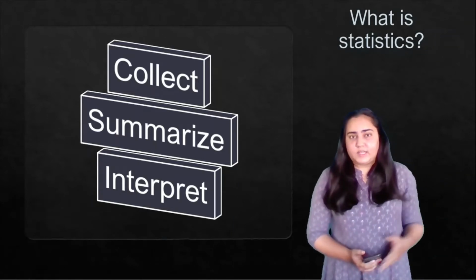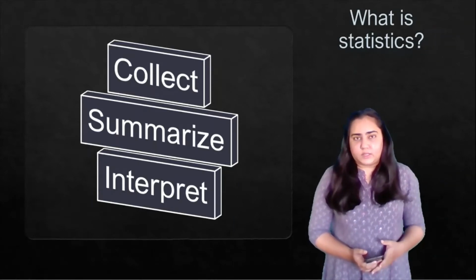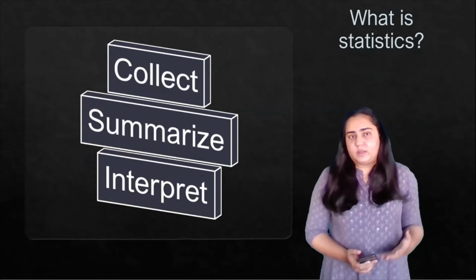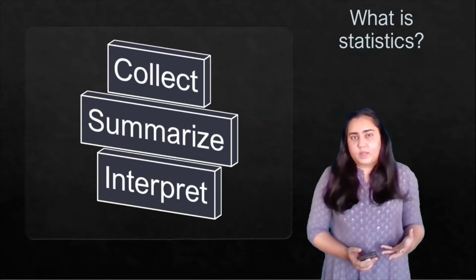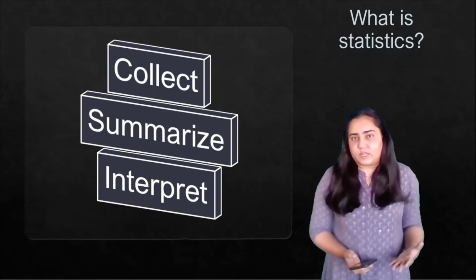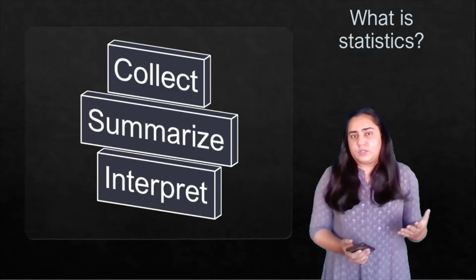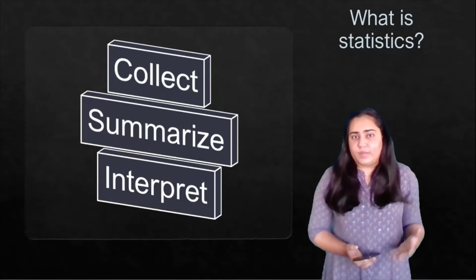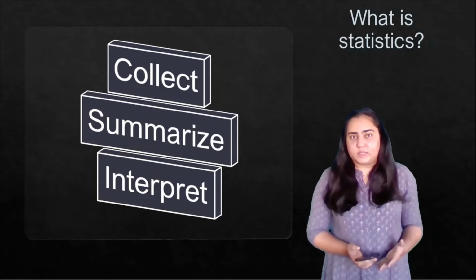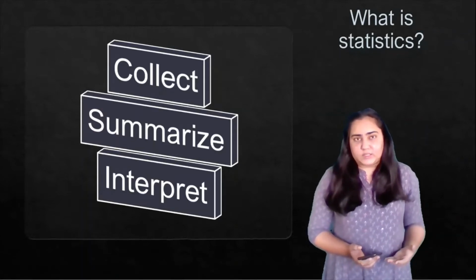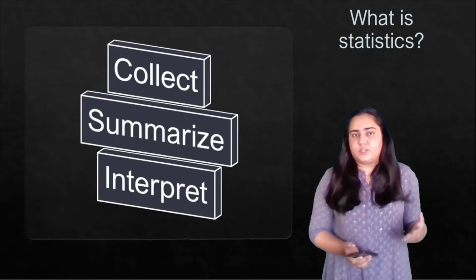And once you've collected data, you can summarize the data. By summarizing, I mean finding meaning in that data. And for that, suppose you have a large amount of data, and you cannot really understand that data yet because it is so big. But when you summarize it, by using some techniques, then you basically shorten it.